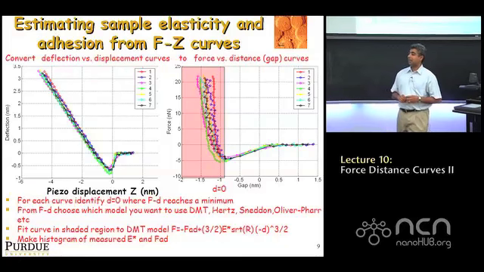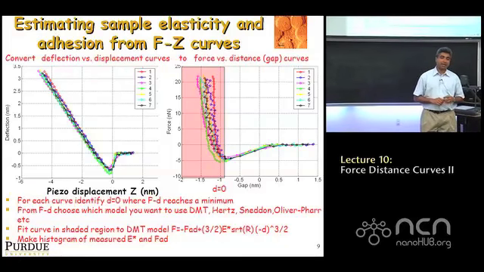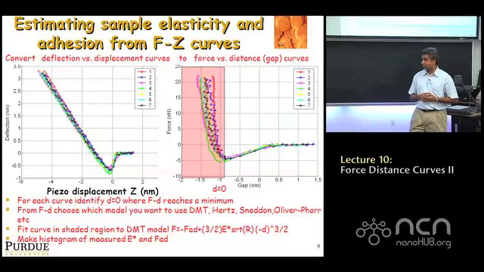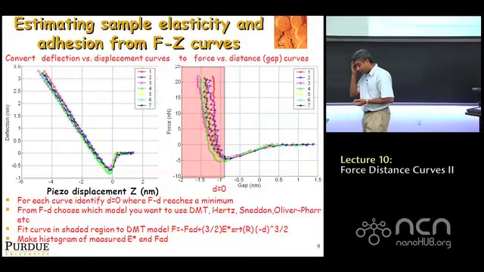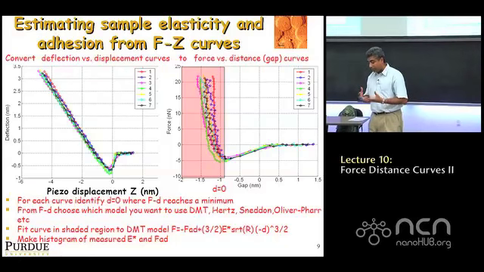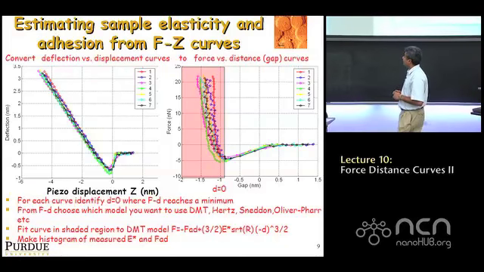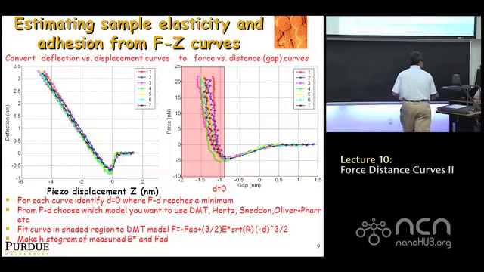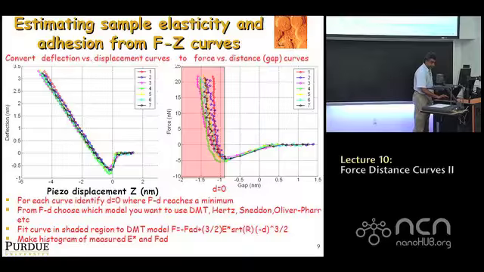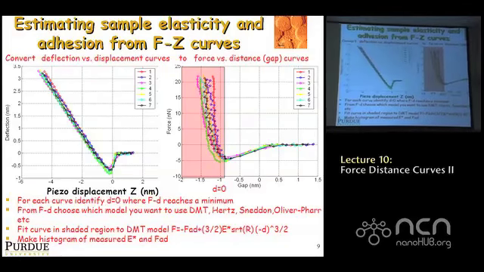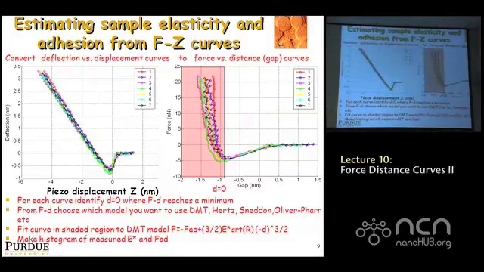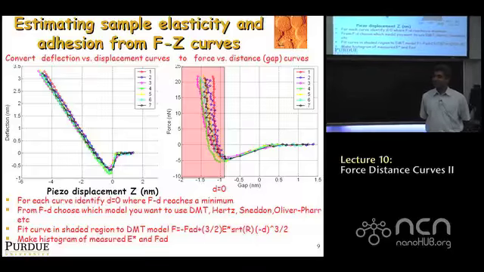So having studied the different artifacts that you might get in FZ curves and understood the difference between FZ and FD, in this slide we're looking into probably the most important use of FD curves, okay? In this particular case, you see an interesting sample, which is a carbon fiber composite material, the kind that's used for building things like airplanes.